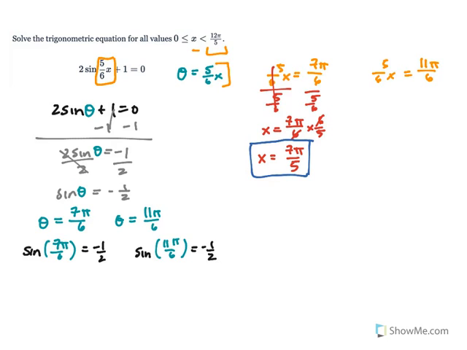And we can do the same thing on our other equation where we divide by 5/6 on both sides. And remember, it's like multiplying by the reciprocal. So we get 11 pi over 6, and it's like multiplying it by 6 over 5. The 6's cancel out, and we're left with x equals 11 pi over 5.